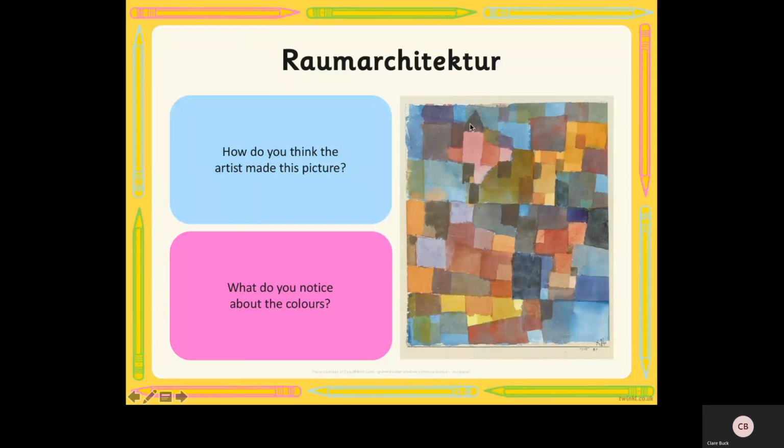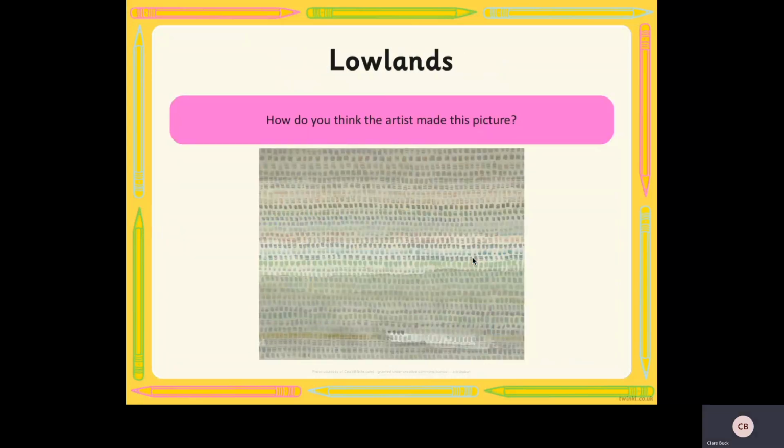You can see it's much more translucent, a bit more see-through than if he'd used oil paints. How do you think the artist made this picture? Well, if you look carefully, you'll see that he's made lots of little brush strokes to create the different stripes and shades of colour.